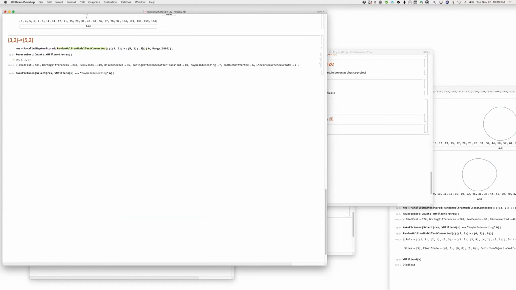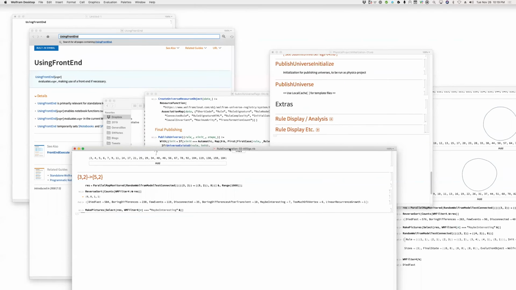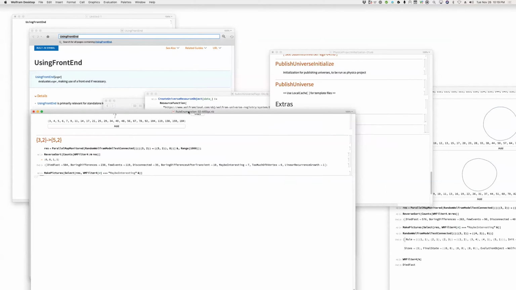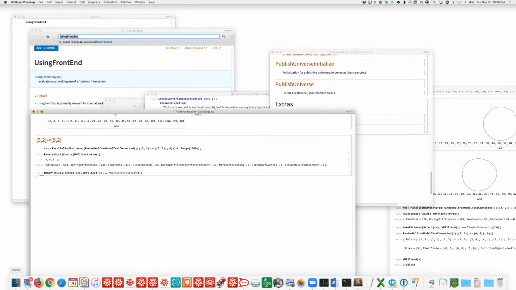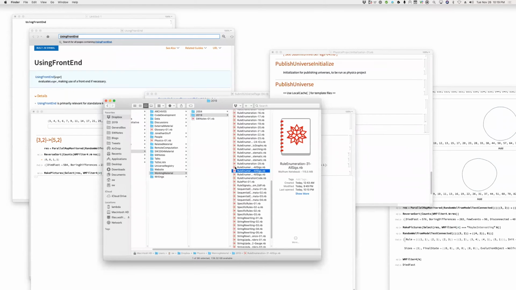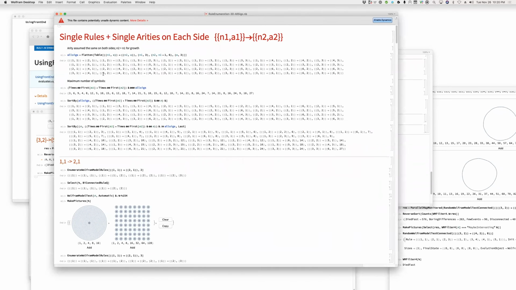Any idea how big this number should be for 3-2 goes to 5-2? Let's see. It's 9. Okay.